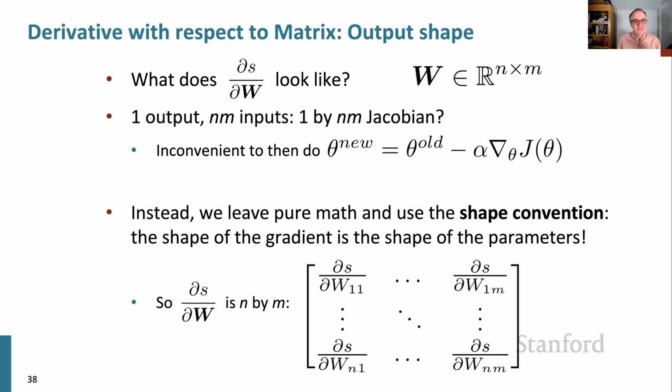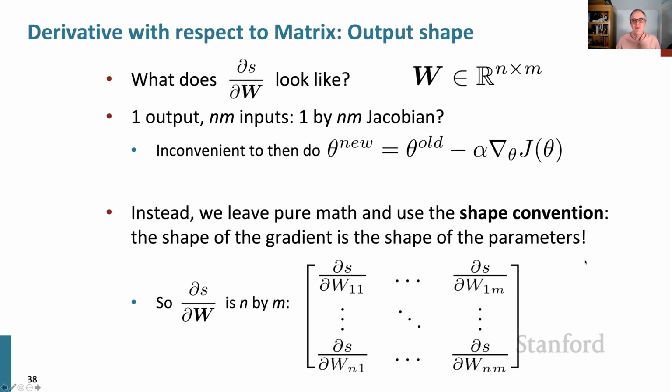You're meant to use this for answers in the assignment: the shape of the gradient is always going to be the shape of the parameters. So dS/dW, we're also going to represent as an n by m matrix, just like W, and we reshape the Jacobian to place it into this matrix shape.